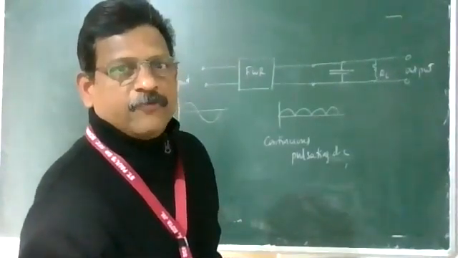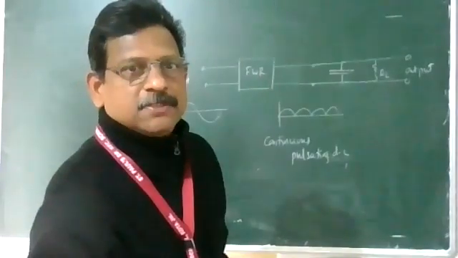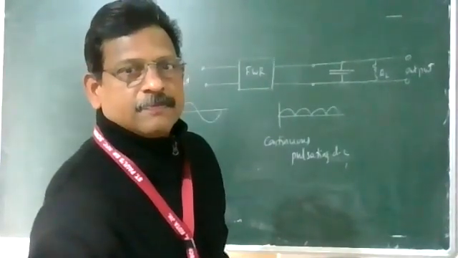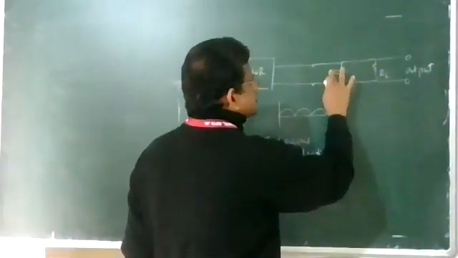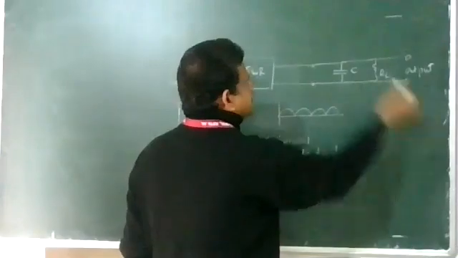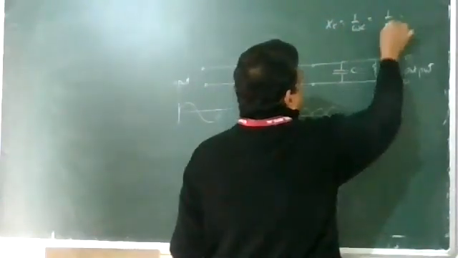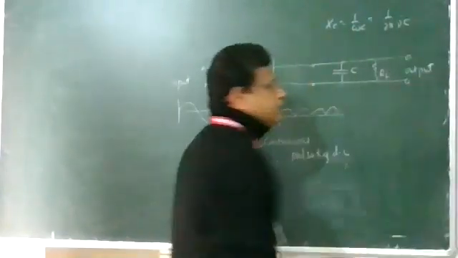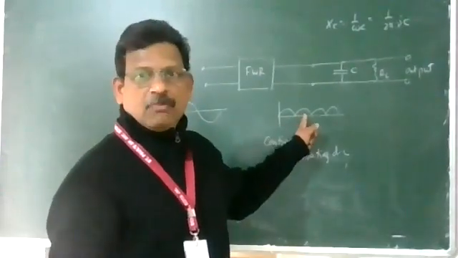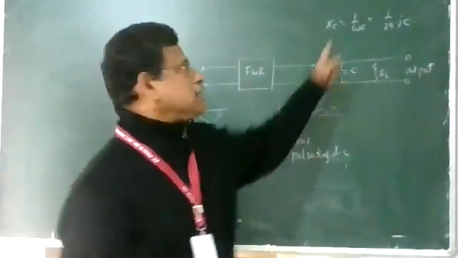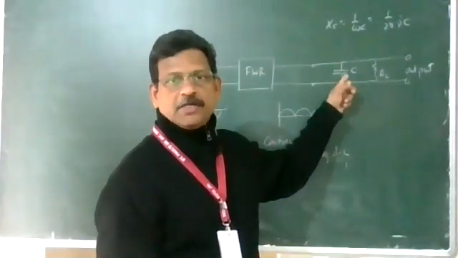The resistance offered by the capacitor to AC is called capacitive reactance, and its value for a capacitor of capacitance C is 1 by omega C, that is 1 by 2 pi f C. For the DC component and the AC component: for the AC component the resistance is very less, so it bypasses, whereas the capacitor blocks the DC component.